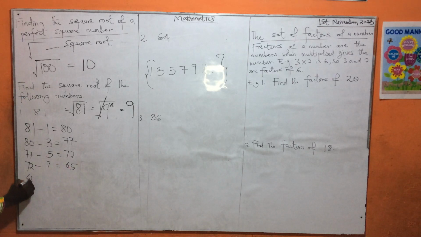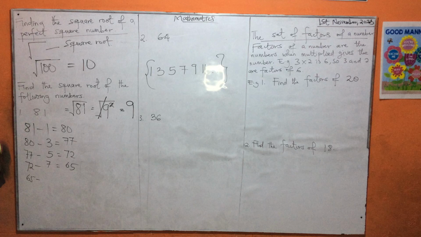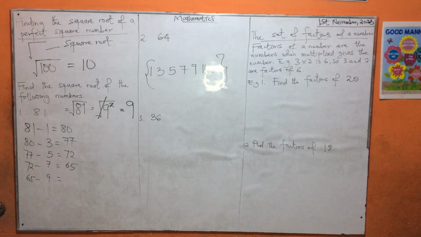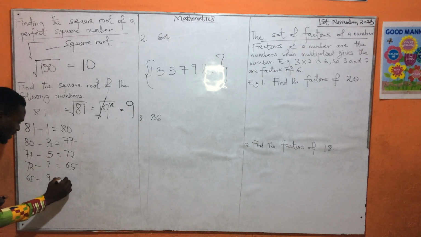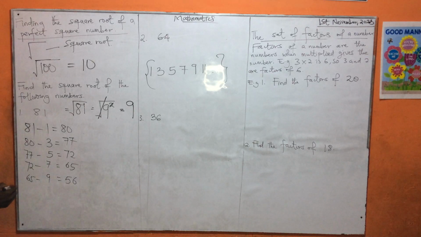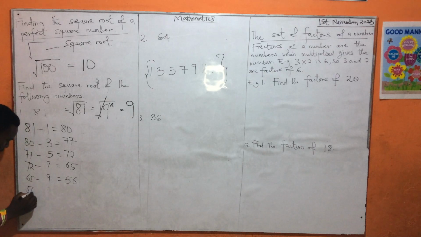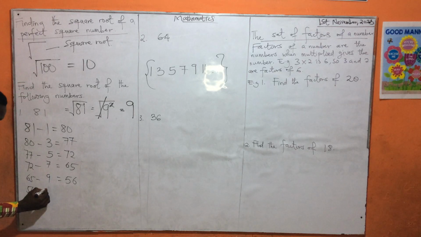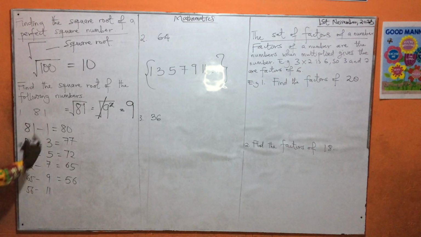Then we take the 65, subtract the next odd number, which is 9. So if we subtract 9 from this value, we are getting 56. With 56, we subtract the next odd number. The next odd number is 11. After 9, 11.